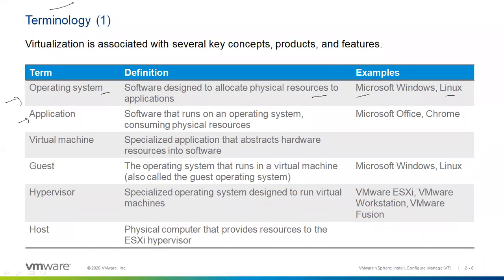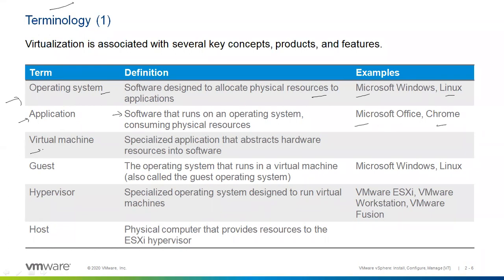An application is run on top of an operating system. Any application requires some level of operating system to operate. Like Microsoft Office, Chrome, any number of applications are available in the market. Those could be publicly available and those could be privately developed by the application developer team.